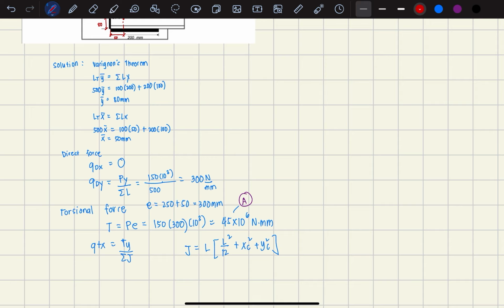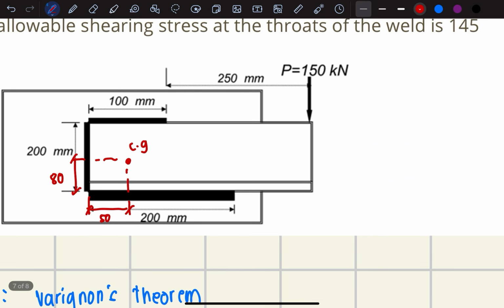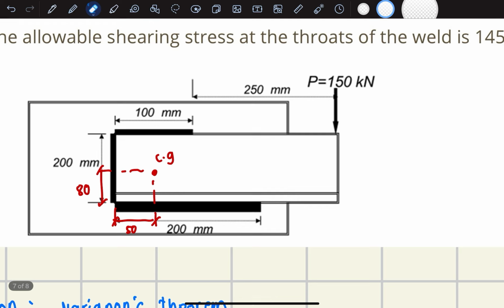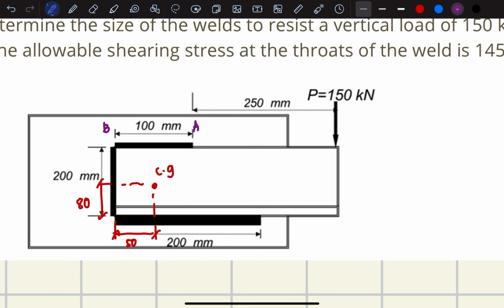So, para ma-solve natin yung polar moment of inertia, mag-assign tayo ng mga variables sa edges ng mga weld segment natin. So, nasa edges yung mga variables natin. Ito yung edge A, B, C, and D.